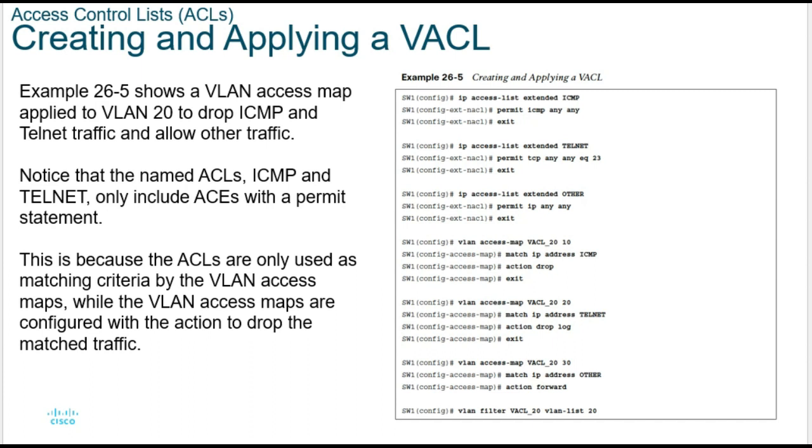But when we use VACL, we only use permit statement in the ACL, and then we deny it by using the action drop. The other action is forward. So for example here, ACL called other permit IP any. So this is for any other traffic besides ICMP and Telnet, and if it matches, we forward the traffic.